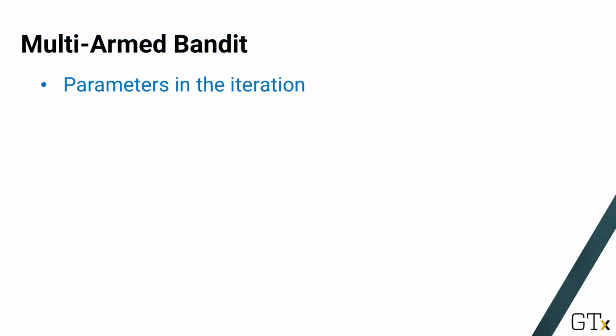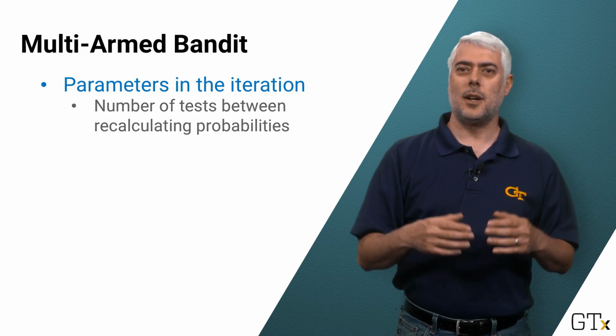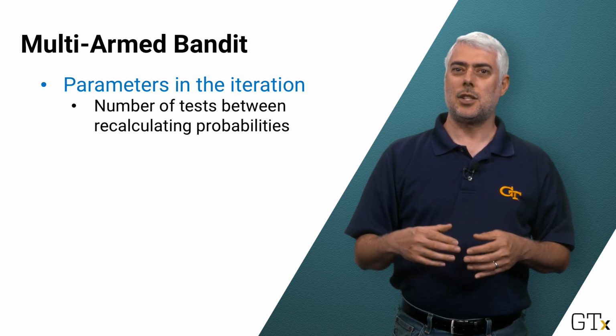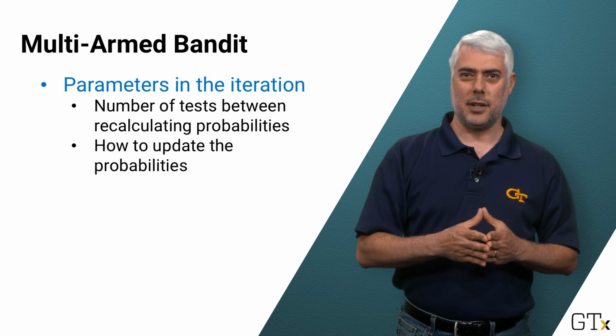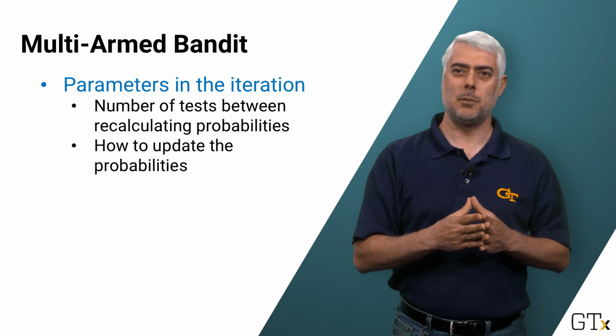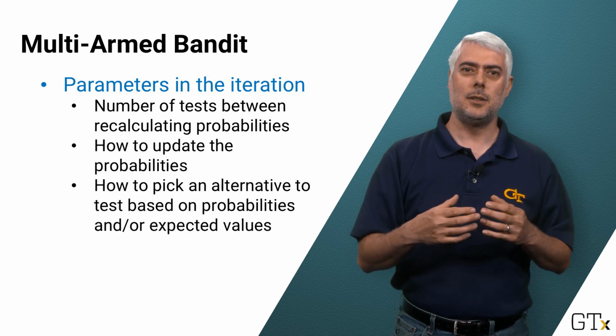As usual, there are several parameters we can vary in this sort of algorithm. We can change the number of tests between recalculating probabilities. We can change the way we update the probabilities. For example, we can use Bayesian updates or estimate from the observed distributions. And we can change how we assign new tests.